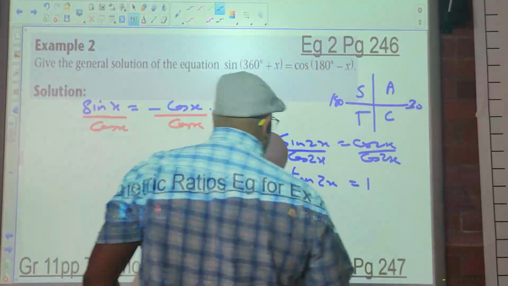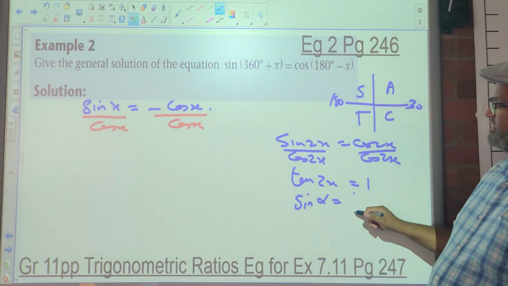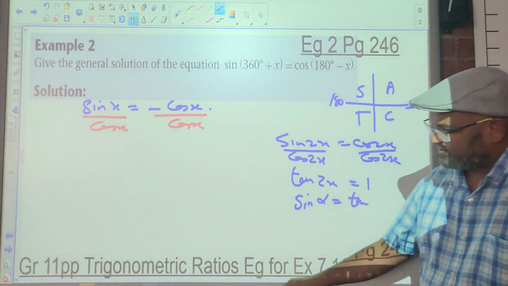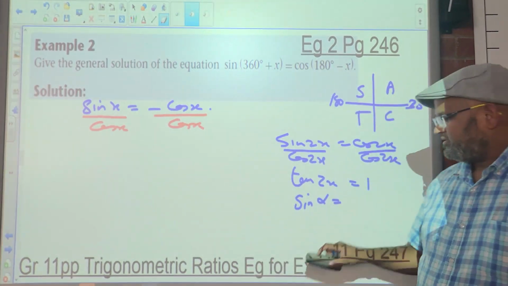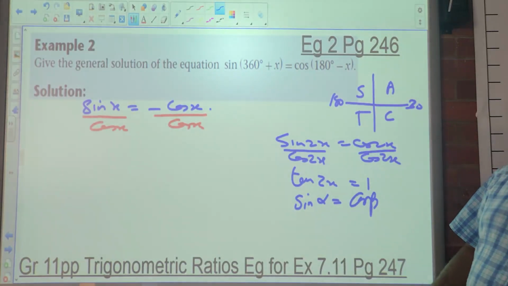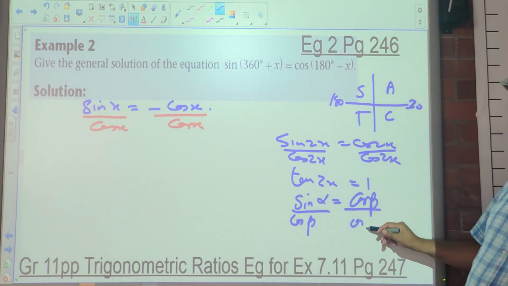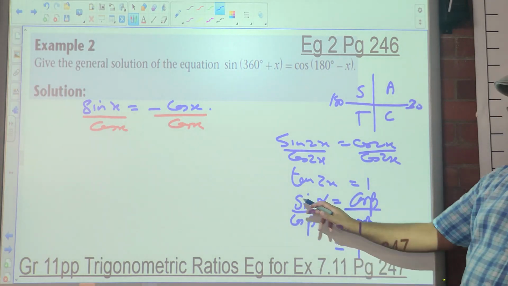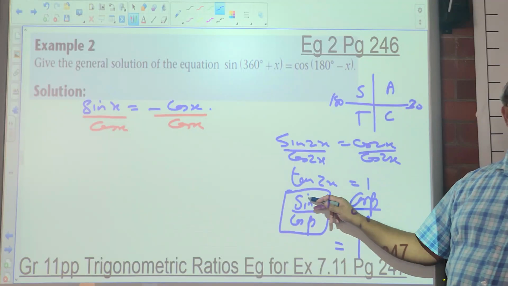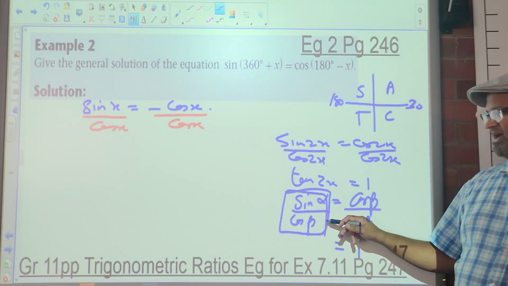What if I had sine alpha is equal to cos beta, and I divide both sides by cos beta? That is 1, but would this give me tan of alpha and beta? No. Okay, you see that? That will remain like it.